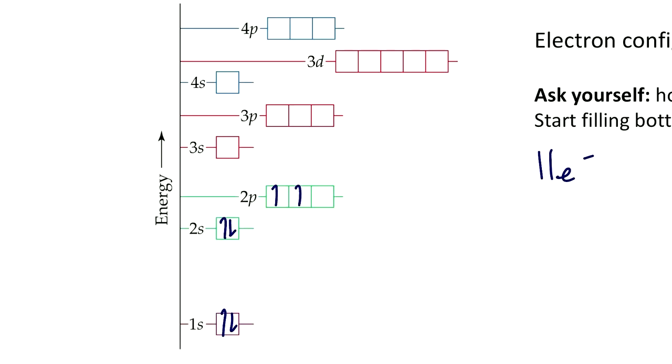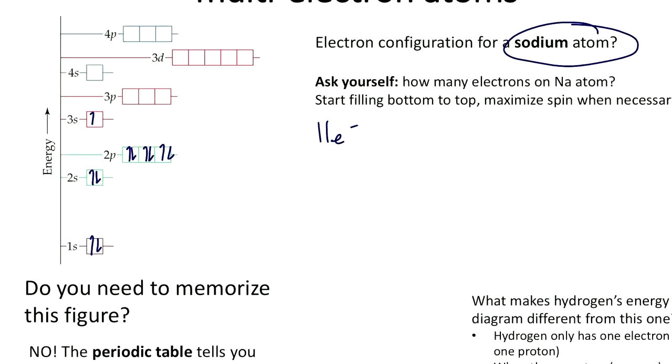So that's 6, 7. Then where do I go? Spin down in the same boxes. So 7, 8, 9, 10. And then the 11th electron goes where? In the 3s. Right, and I made it spin up, but I don't have to. I could make that first one spin down. It doesn't matter. Okay, so that's our electron diagram.